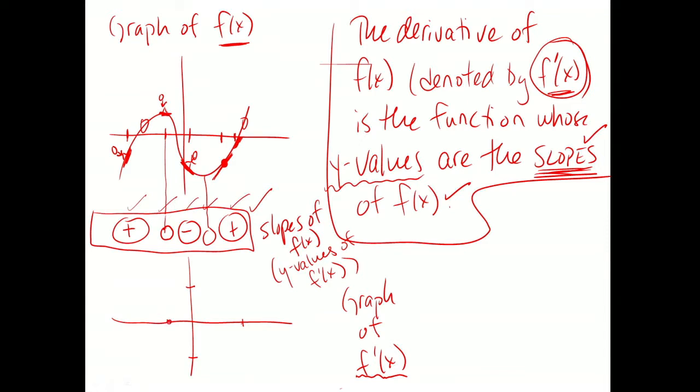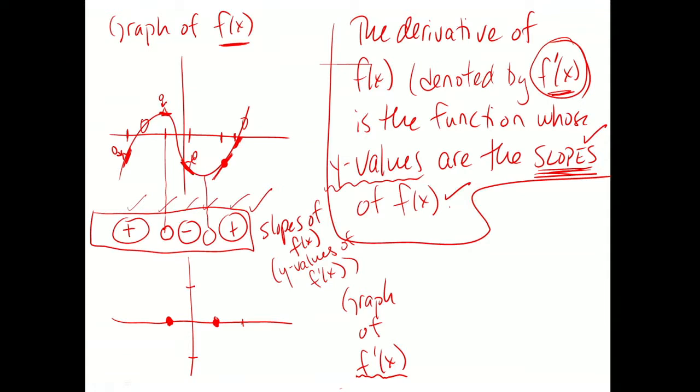A y value of 0 means I'm on the x-axis. Okay, and similarly this guy over here, when the slope is 0, which again happens right here, that corresponds to having a y value of 0 on the derivative graph. So those two dots I know are on my graph down here.